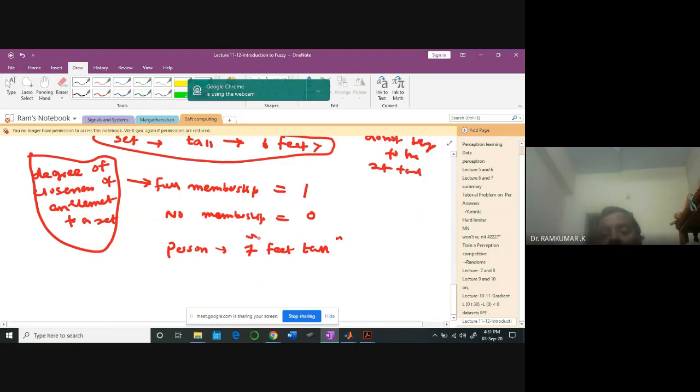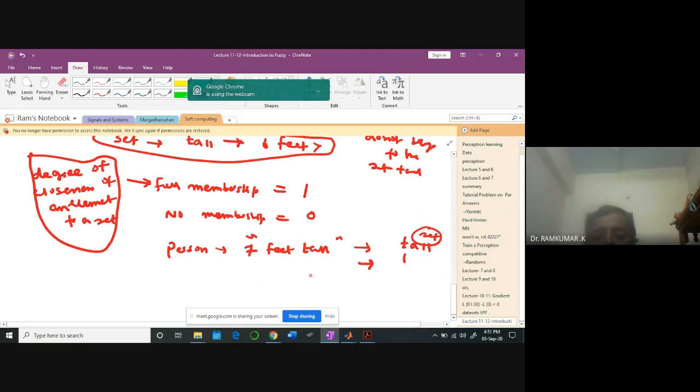Can somebody tell me what is the degree of closeness of the person who is 7 feet tall to the set tall? In the set tall, I defined it as 6 feet above. What is the degree of closeness? One. Full one. Yeah, full one.